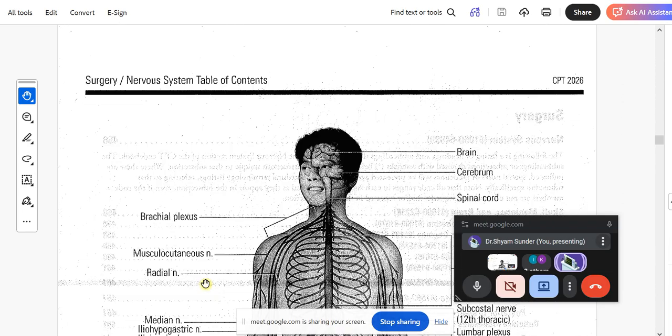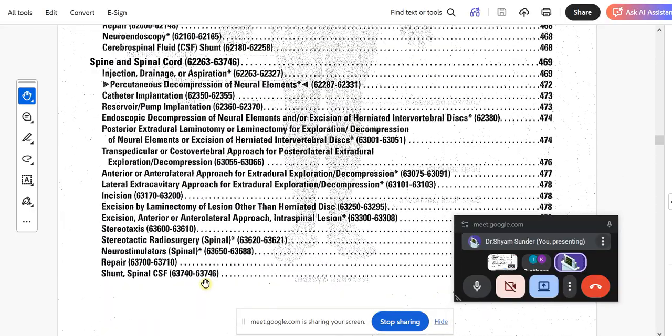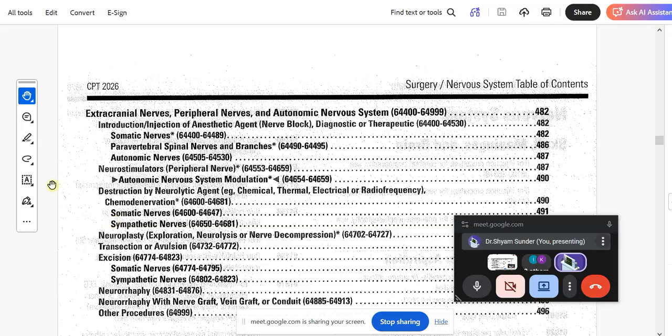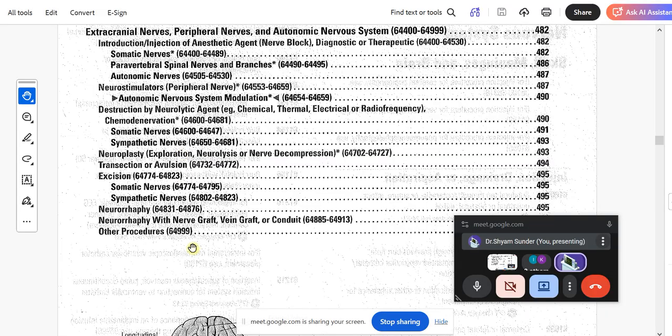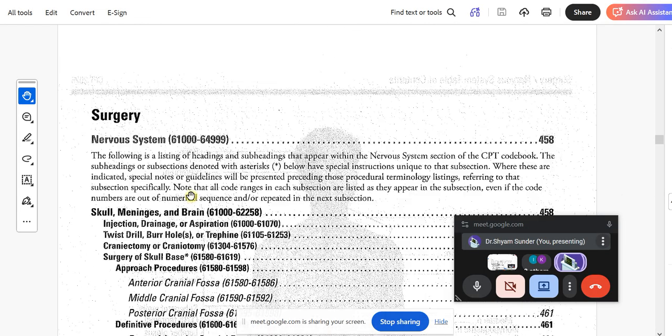Then we have procedures on nerves: peripheral nerves, extracranial nerves, autonomic nervous system, visual nerves. So this is how the codes are arranged.